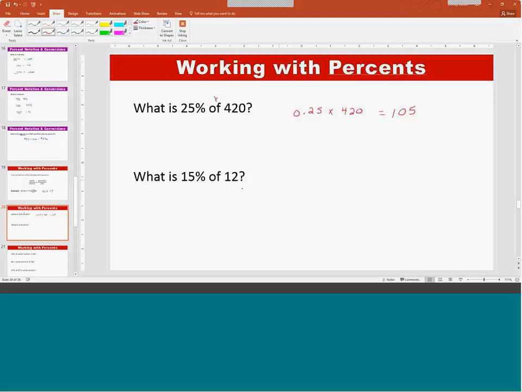The second example, we're going to multiply 15% of 12. You just change the percent to a decimal and multiply that times 12. That's going to give me 1.8, I believe. That's straightforward, right?